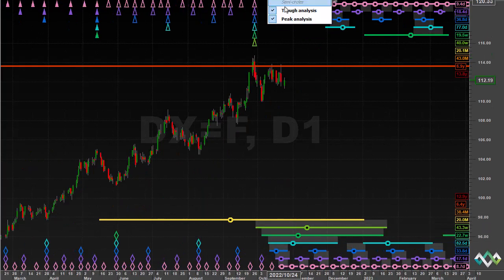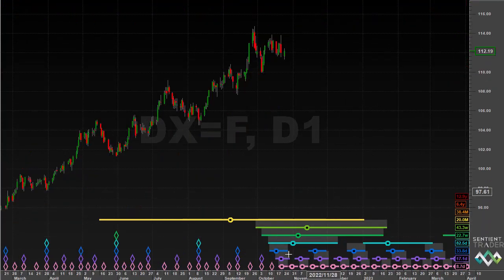Let's hide the peak analysis because I think it is useful to consider the analyses separately. We know that the peak analysis probably has another 40 weeks to go until a very big cycle peak, indicating that the underlying trend in terms of the peak analysis is probably still fairly bullish.